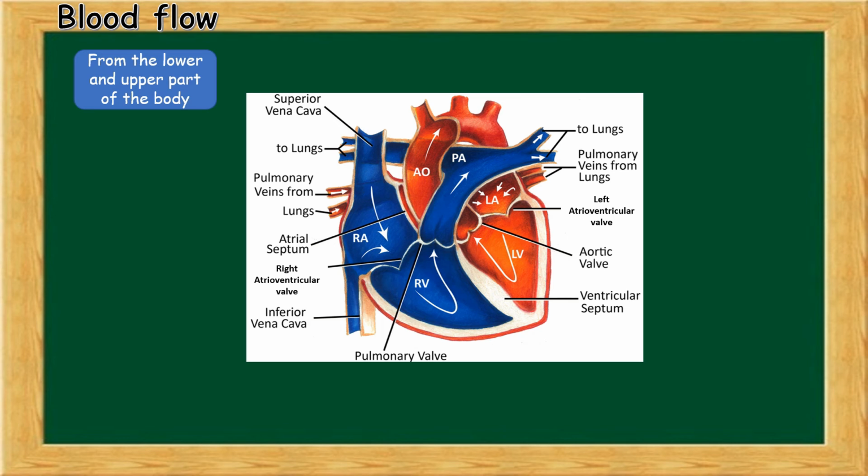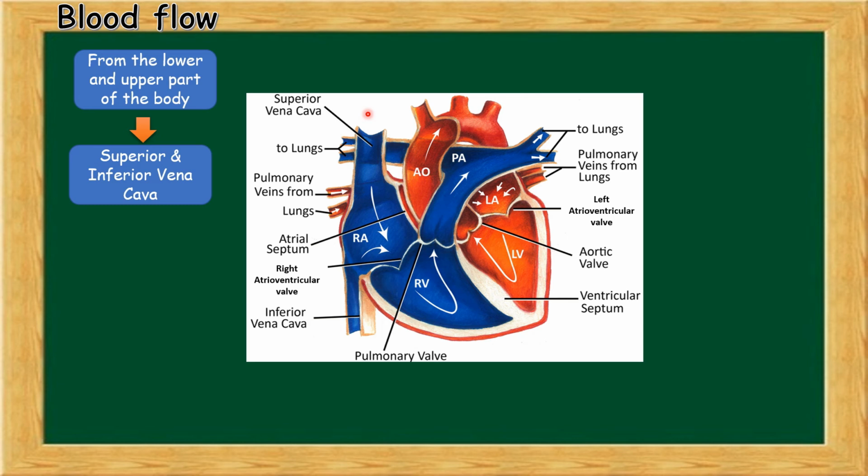From the lower and upper parts of our body, the deoxygenated blood will go back to our heart by means of the superior and inferior vena cava. The deoxygenated blood that comes from the lower part of the body will enter our heart through the inferior vena cava.